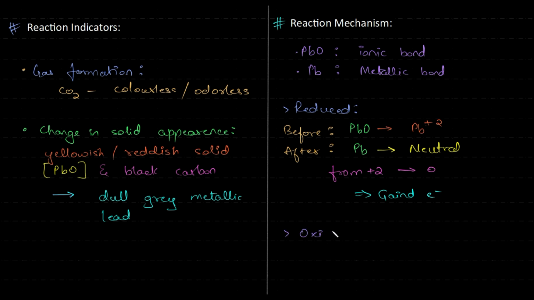And next is oxidized. So here too we'll write before and after. Who got oxidized? Well, carbon, which was neutral, right? At least its oxidation state is 0.